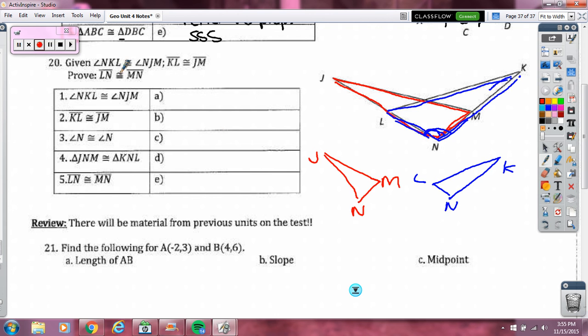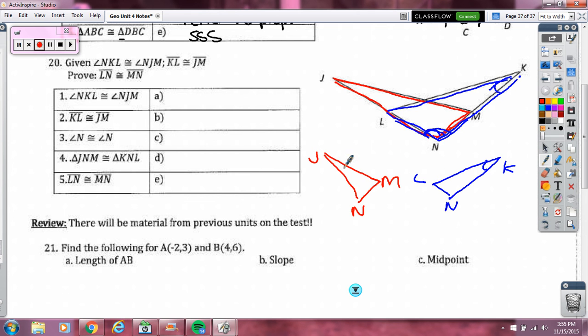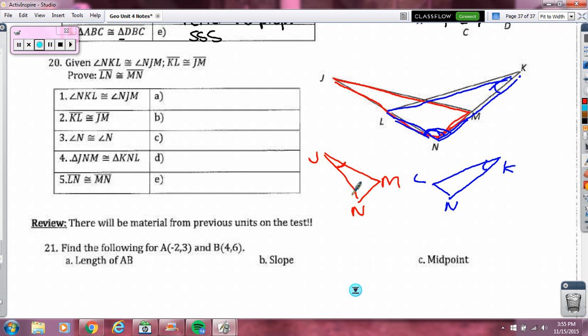Alright, so I'm given that NKL is congruent to NJM. NKL is this guy up here, and NJM is this guy up here. Like I said earlier, they both have angle N.